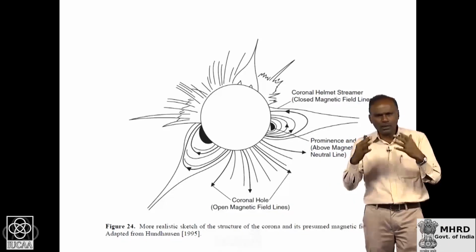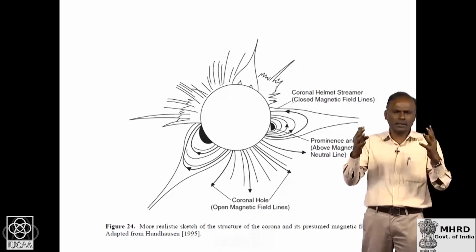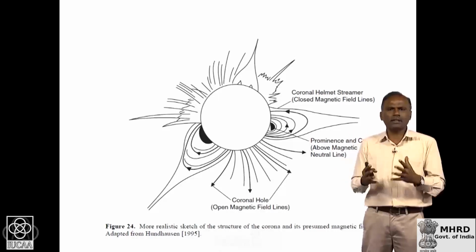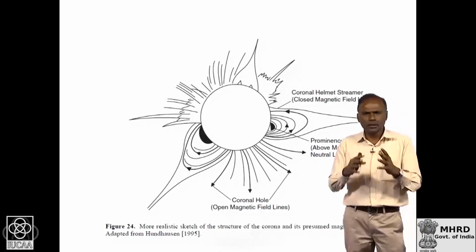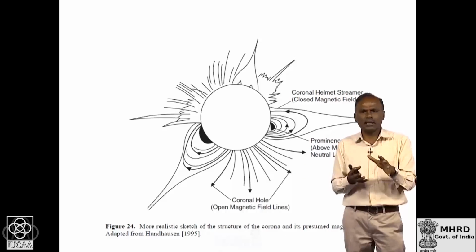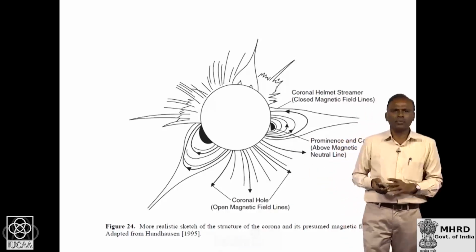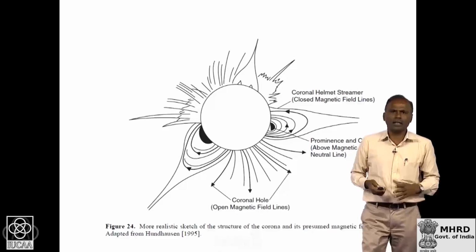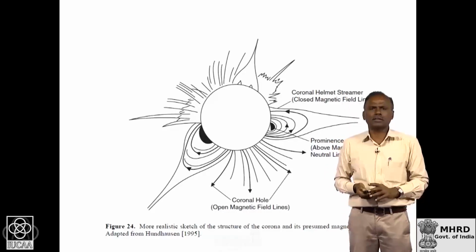So, the corona itself changes from nearly spherically symmetric at the maximum phase to some kind of ellipsoidal shape at the minimum. In between, we see varying structures of the corona.